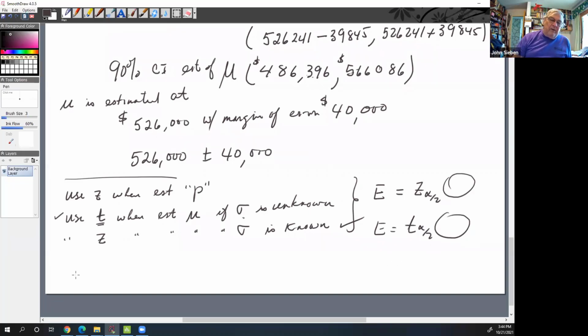Well, I'd be really happy to take you through it sometime one-on-one, but let's say we're estimating mu, and we want a confidence 1 minus alpha, and we want that to be the probability that left is less than mu is less than right.